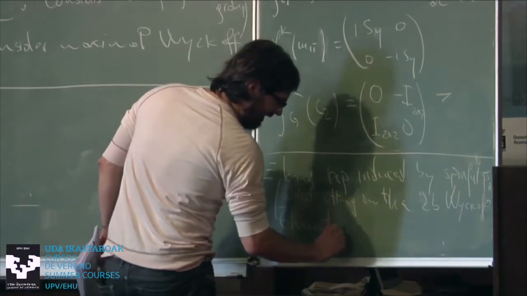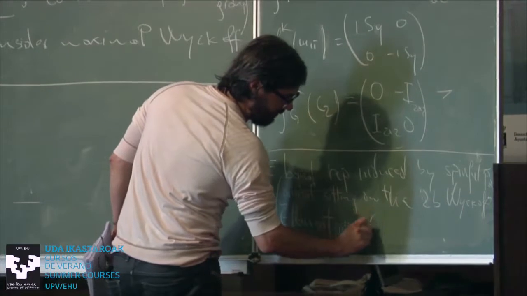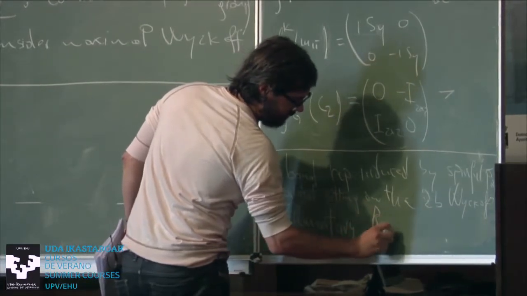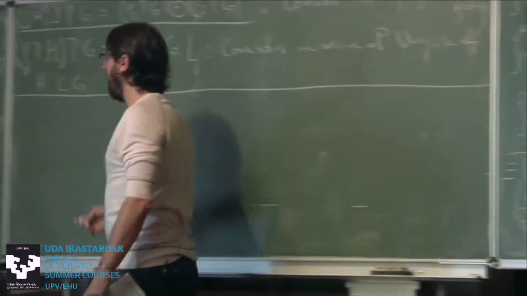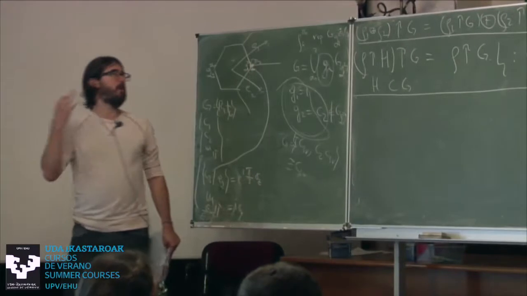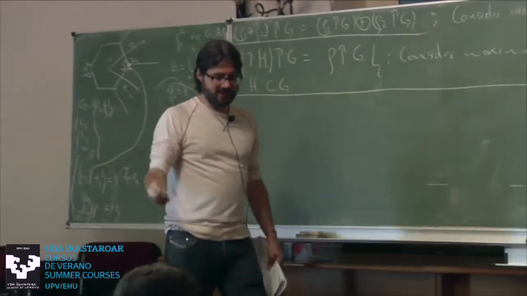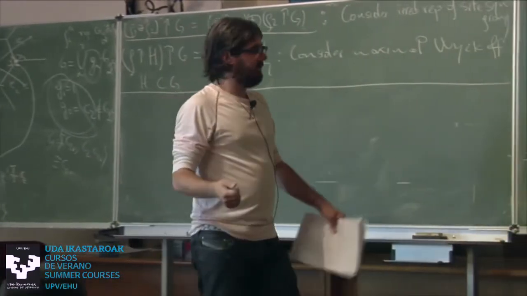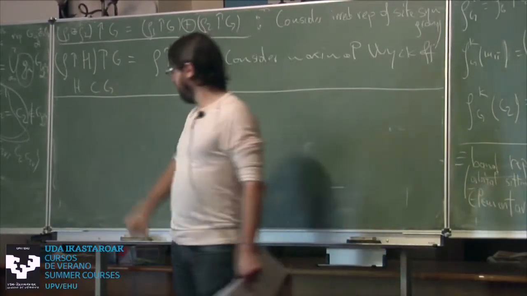But let's not consider those. So these are called elementary band representations. And elementary band representations are representations induced in the full space group from site symmetry groups that are maximal, and the representation that's induced is irreducible. Okay?